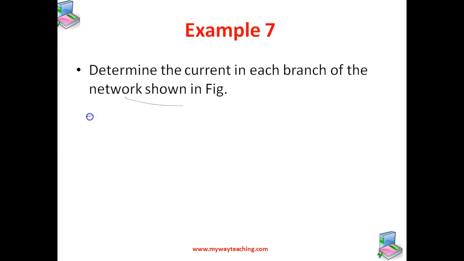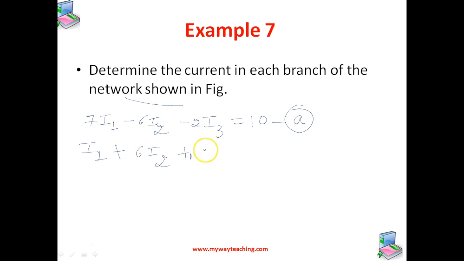So the first equation was 7I1 minus 6I2 minus 2I3 is equal to 10. The second equation was I1 plus 6I2 plus 2I3 is equal to 10. And the third will be 2I1 minus 4I2 minus 4I3.